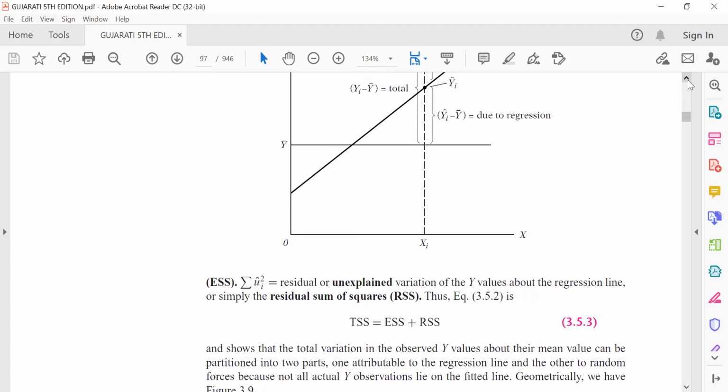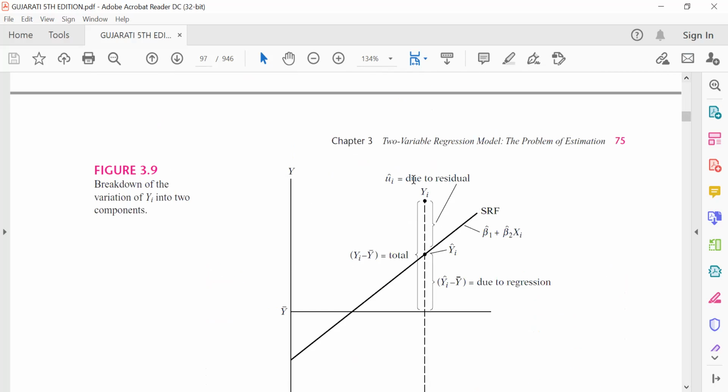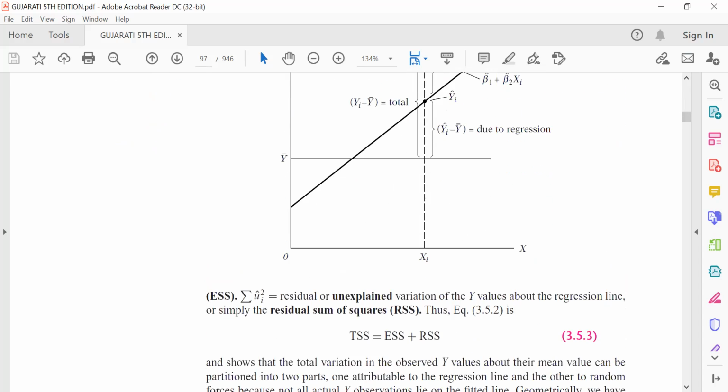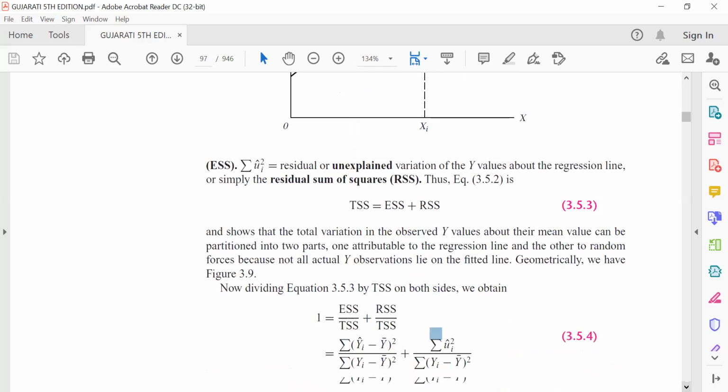If we look at the graph here, this one due to regression, this means explained sum of square. This one due to residuals, this means residual sum of square. This is the summation between due to regression and due to residual, we get the total sum of square. Total sum of square is explained sum of square plus residual sum of square. Okay.